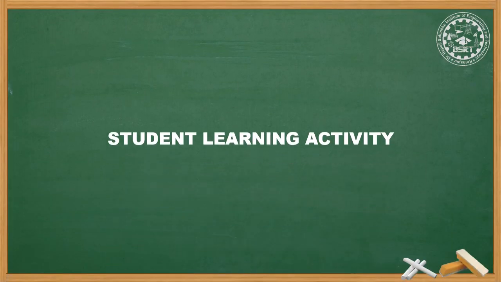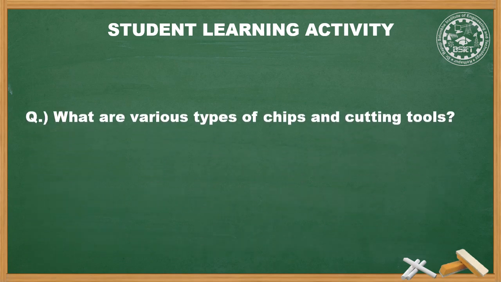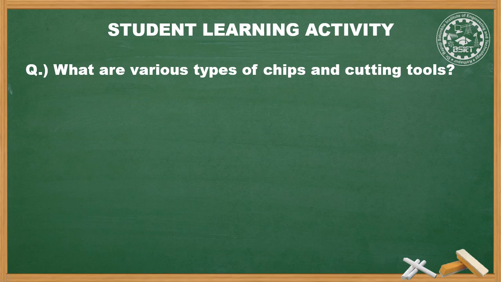Let us all take a moment and recall what we have learned in the previous sessions and till now. Number one, what are the different types of chips and cutting tools?